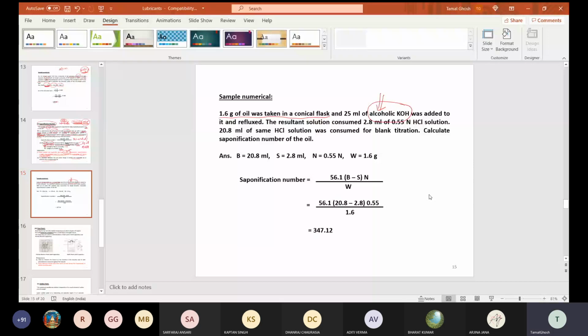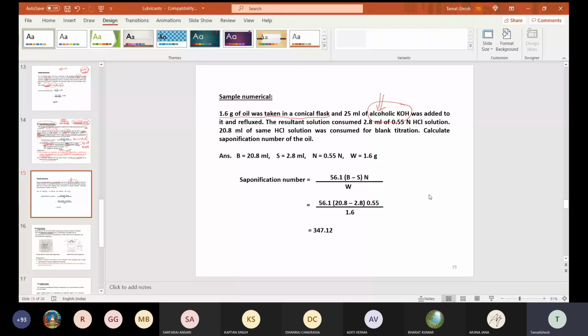Okay, so this is an oil. We know oil will not be soluble in water. I think you might have seen this in real life also. Oil is not soluble in water. So if we take the oil and use aqueous KOH, the oil will be floating and the saponification reaction will not take place.